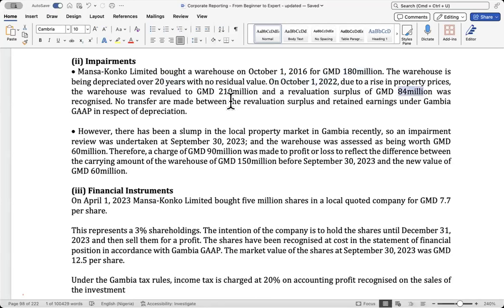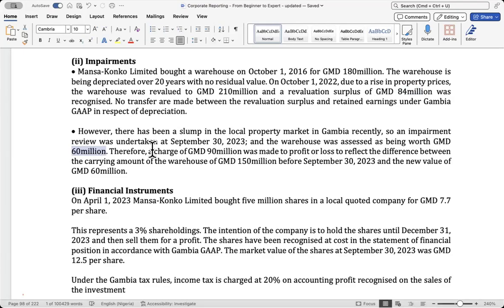No transfer was made between revaluation surplus and retained earnings under Gambian GAAP in respect of depreciation. Okay, good, I will come back to that. However, there was a slump in the local currency market in Gambia recently, so an impairment review was undertaken at the year end.